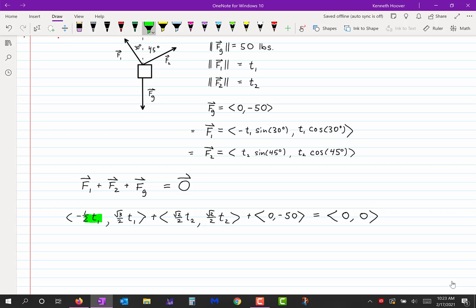So that tells us that this plus this plus this equals 0, and also this plus this plus this equals 0. Let's write those two equations down.